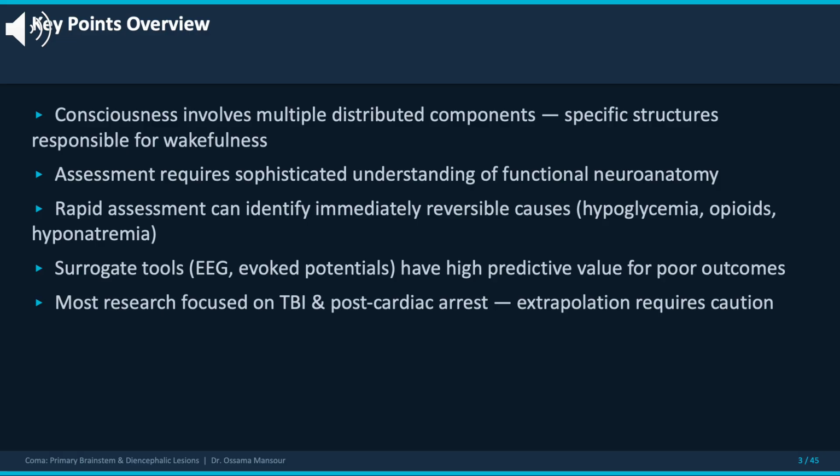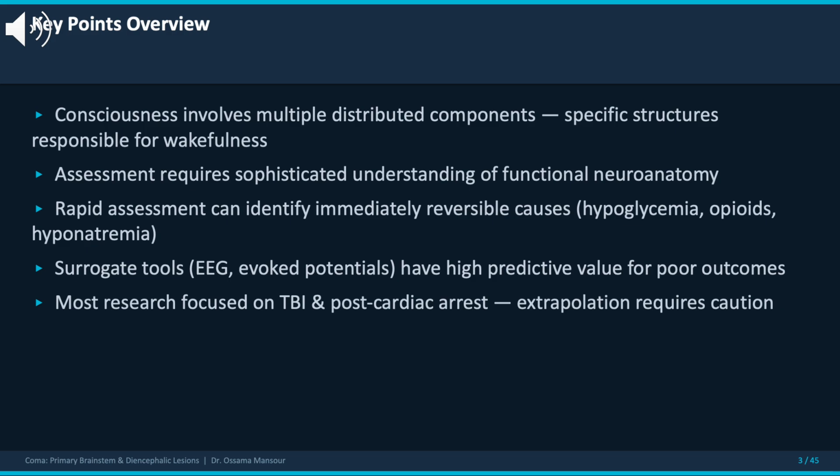Third, and critically important for patient outcomes, rapid and systematic assessment can identify and address immediately reversible causes of coma, such as hypoglycemia, opioid overdose, or hyponatremia, thereby preventing further and potentially permanent neurologic consequences.